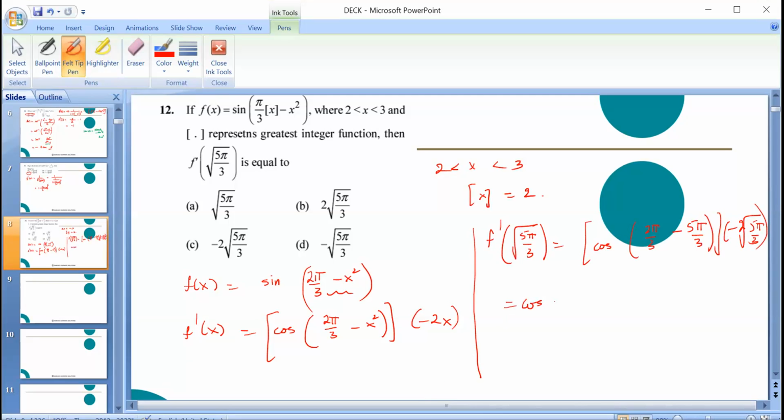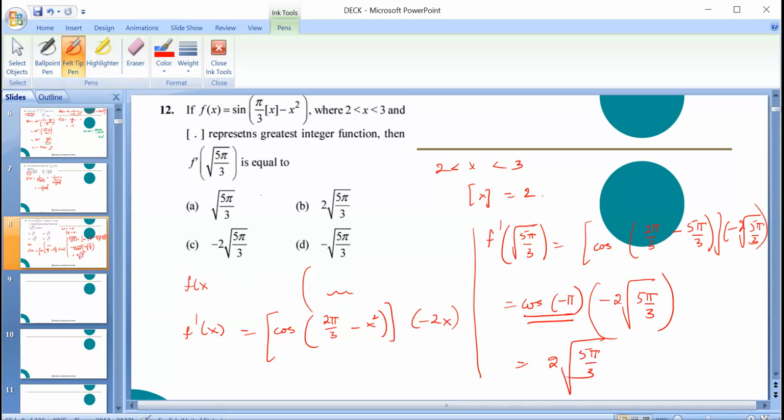That is cos of minus pi and minus 2 root 5 pi by 3. So here minus and minus will become plus 2 root 5 pi by 3. Option B.